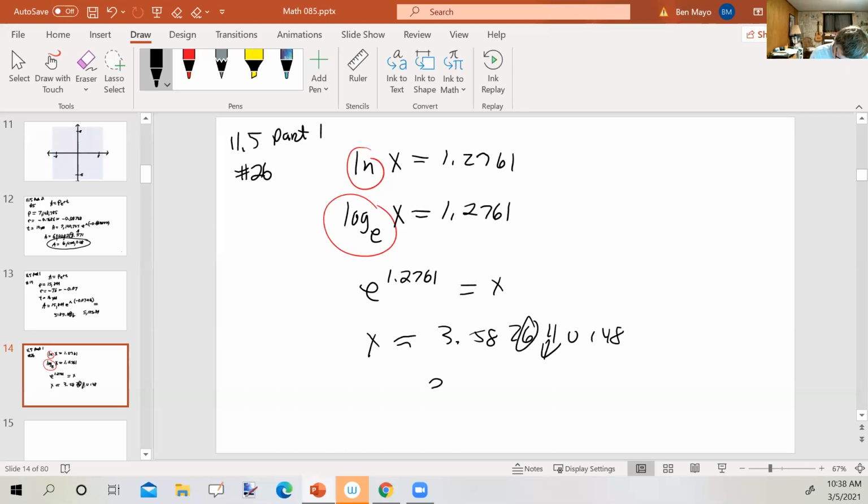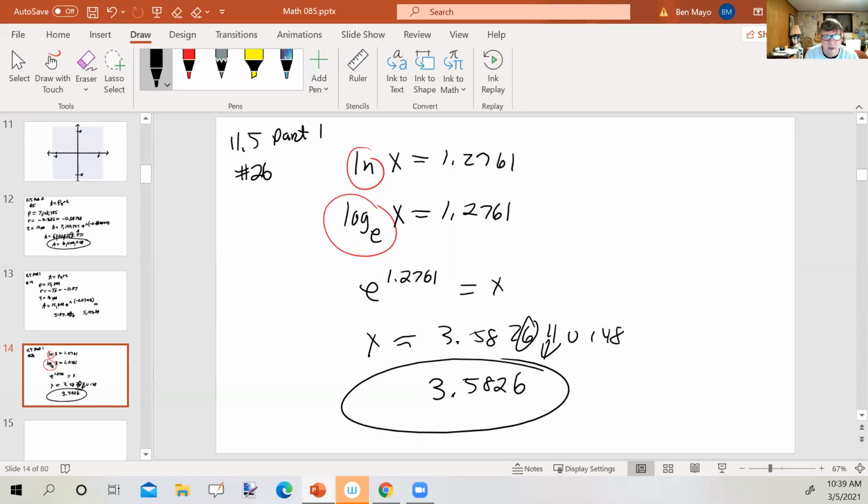The 4 would round down, so 3.5826 would be the final answer. Are you okay with that? Yeah. All right, so now we're going to take a look at 11.5 part 2, number 1.